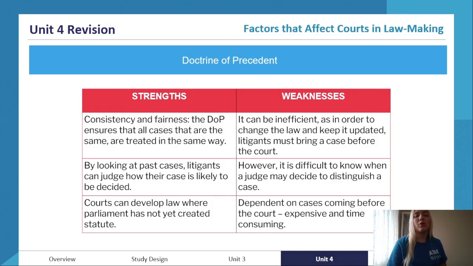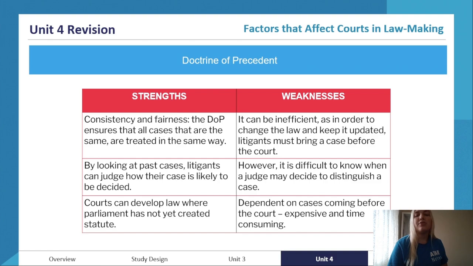Courts can also develop law where Parliament has not yet created statute law. This may prompt them to fill in the gaps in their statute law, pass new acts enshrining common law precedent showing that they agree with it, or pass laws that contradict the precedent that the courts established to show their disapproval of it and therefore overriding the court's precedent.